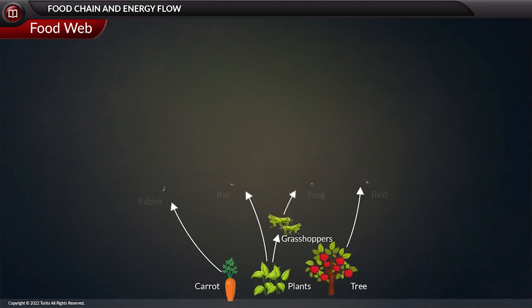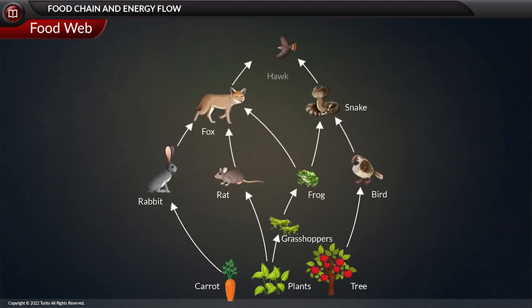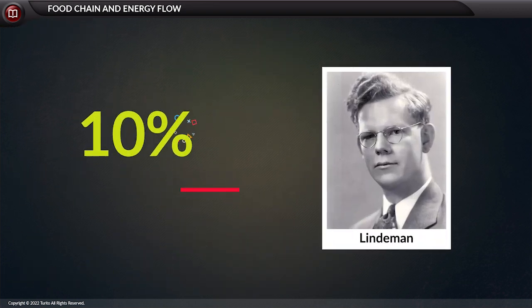The different food chains in the ecosystem are interlinked at various trophic levels to form a network called the food web. After learning about different types of food chains, let us see how energy flow occurs through these food chains. The energy flow in a food chain can be explained by the 10% law proposed by Lindemann.